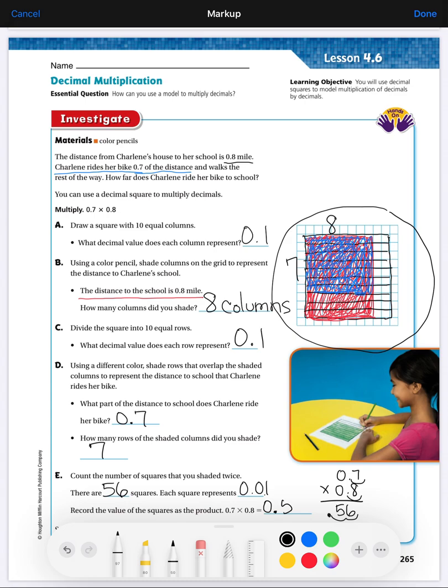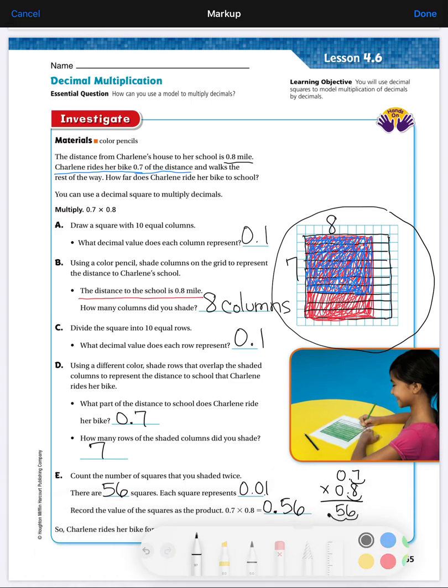So our answer is 0.56. You don't really have to put the 0 in front of it, but you can if you'd like. And then I'm just going to minimize that so I can see this last part. So Charlene rides her bike for 0.56 miles.